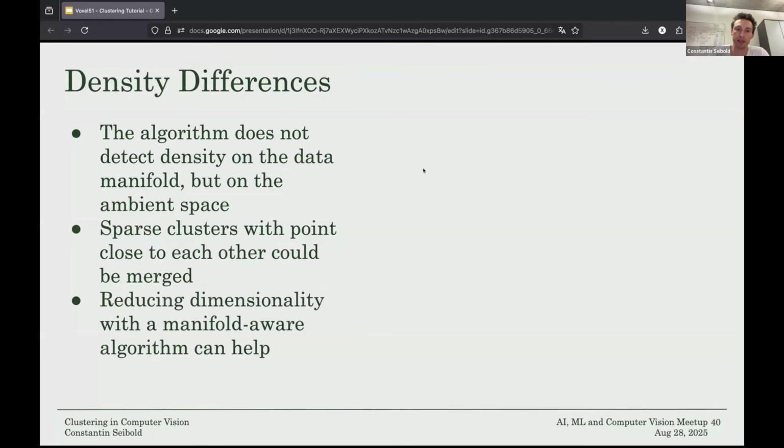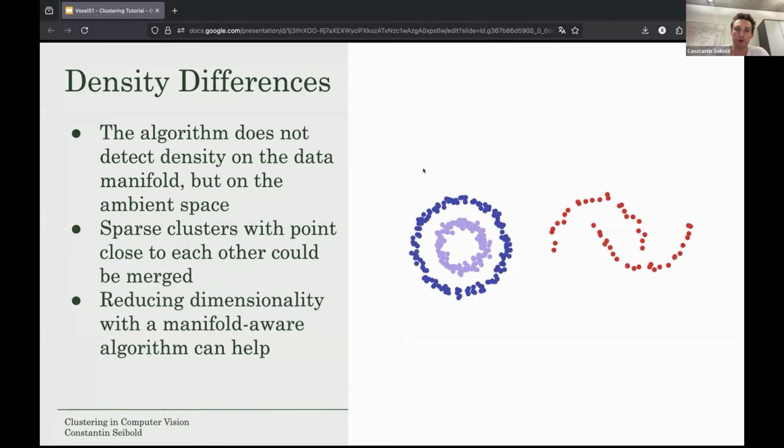And for HDBSCAN, for example, you can have differences in the densities on the manifold, which are not captured by these fifth nearest neighbor distances to define your densities, because it is more focused on the ambient space.